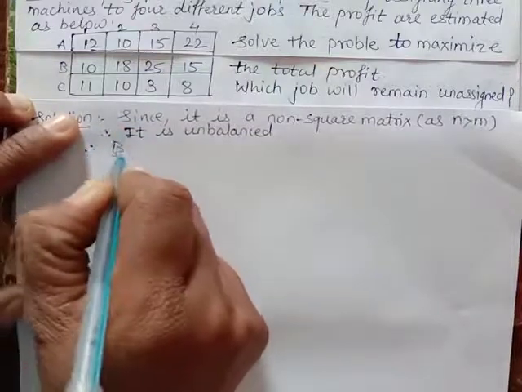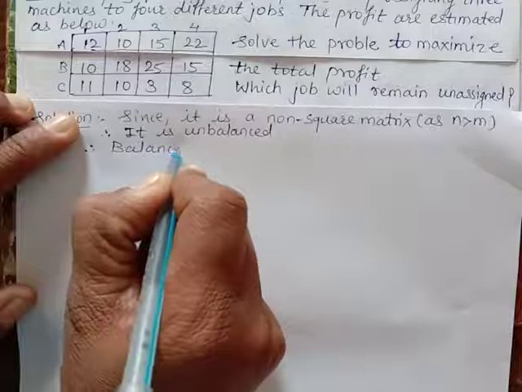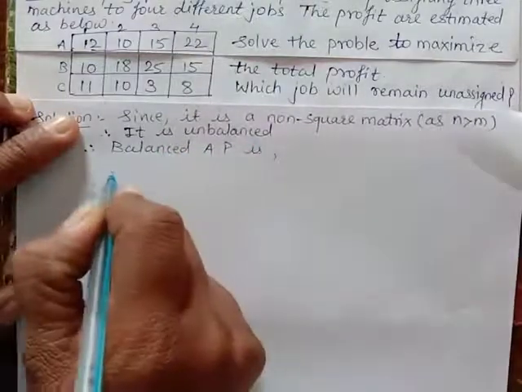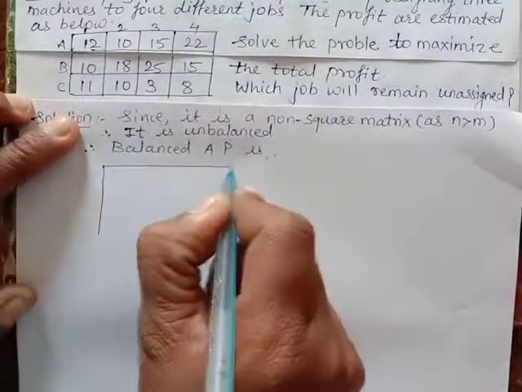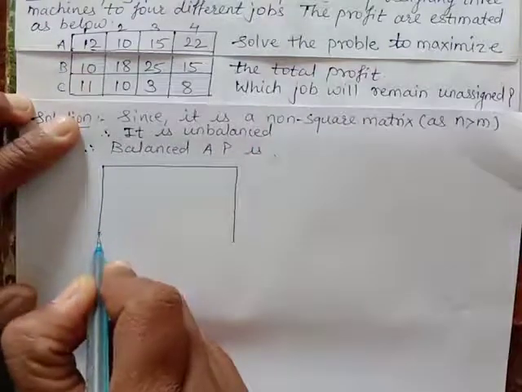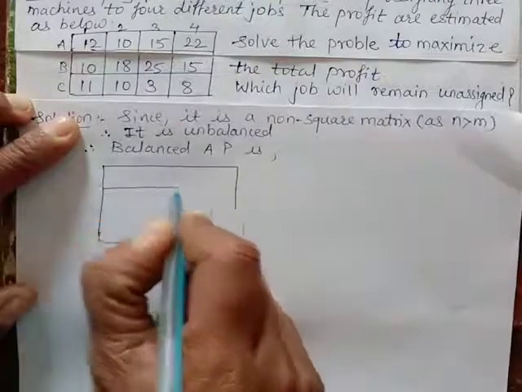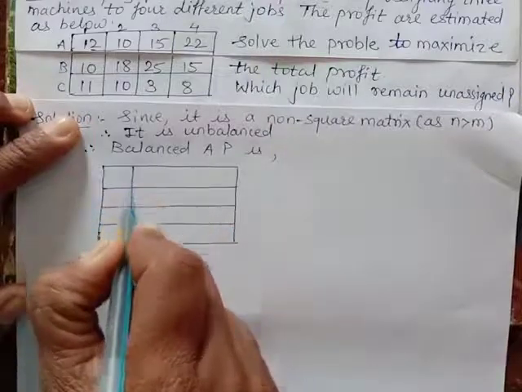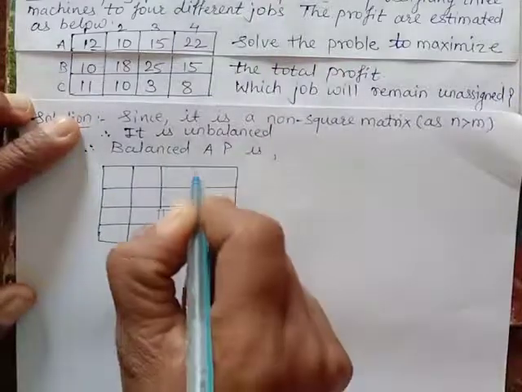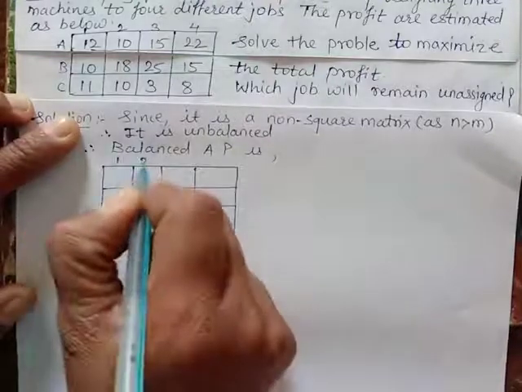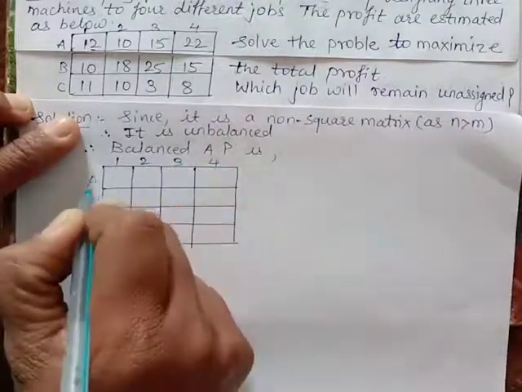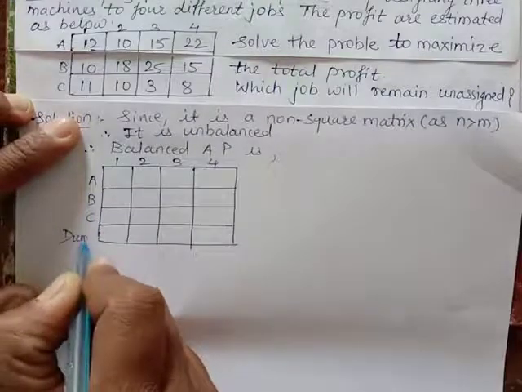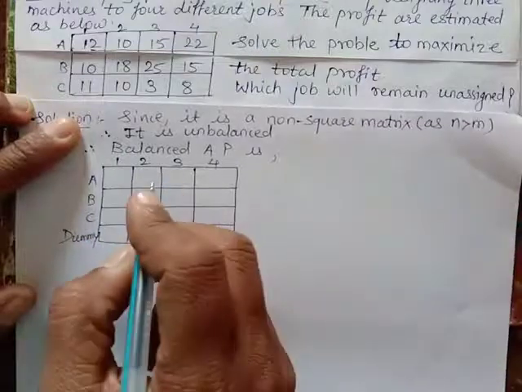Therefore, the balanced assignment problem will have jobs 1, 2, 3, 4, and machines A, B, C and a dummy.